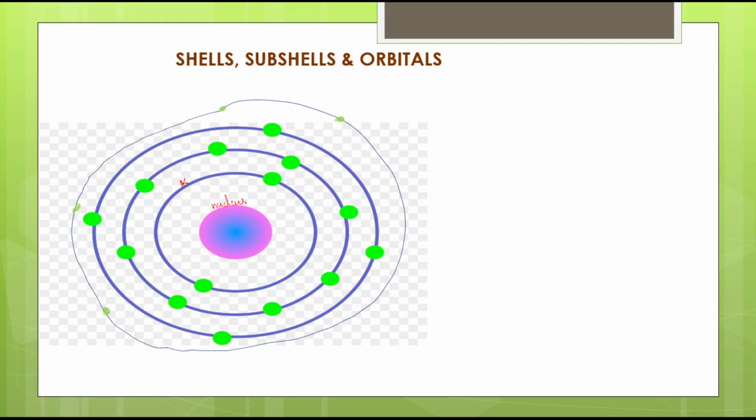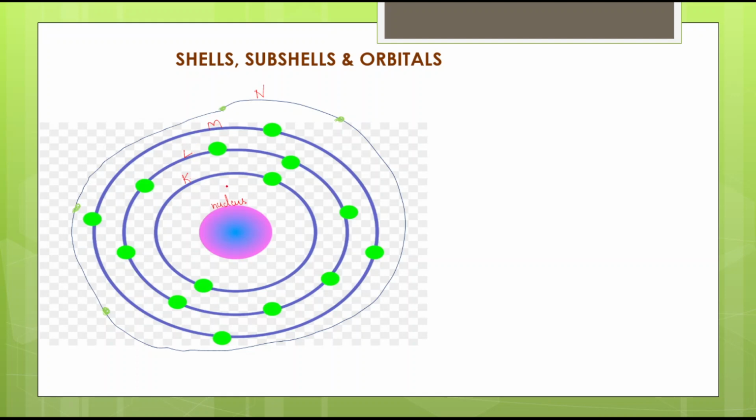So remember, this is our K shell. And the next one is called the L shell. It is K, L, M, and the next one is N. So this is the K shell, L shell, M and N.